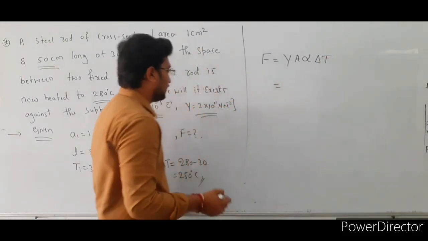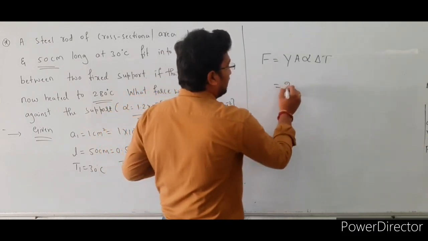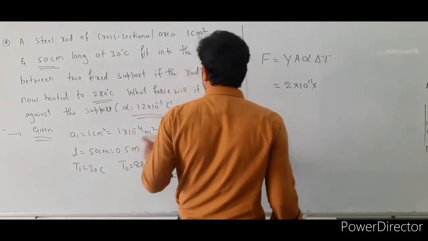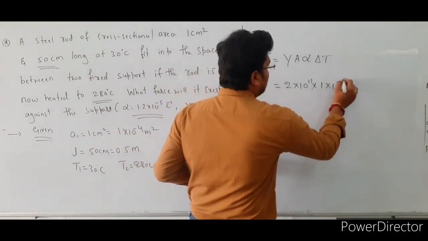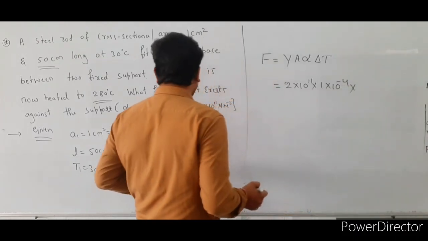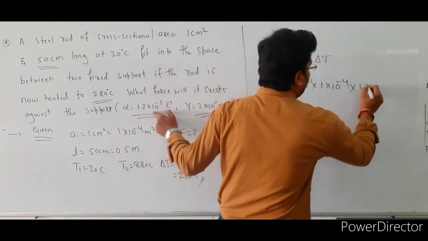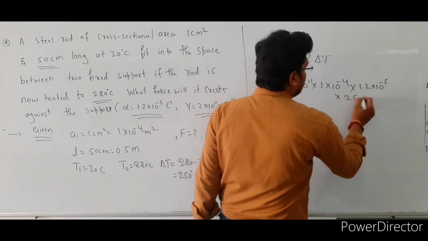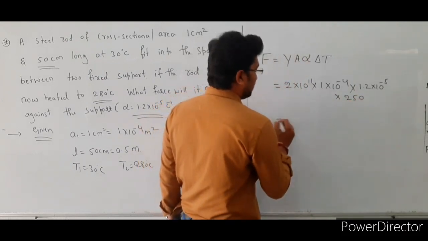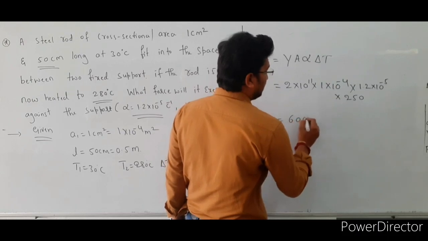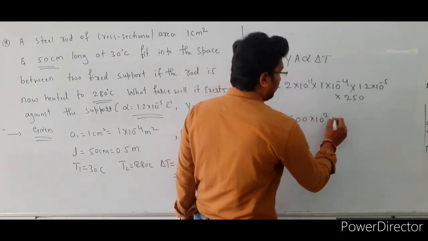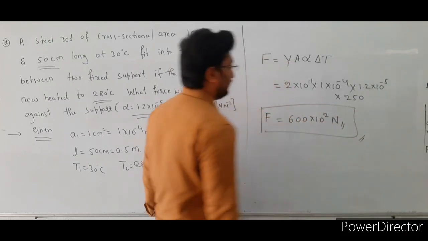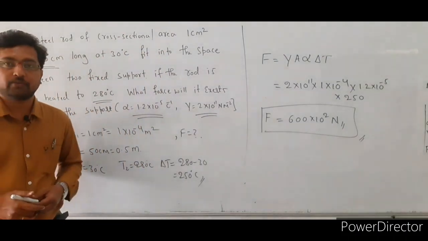The Y value is given, that is 2 into 10 to the power of 11, into area, 1 into 10 to the power of minus 4, and the alpha value is 1.2 into 10 to the power of minus 5, into change in temperature, that is 250. Multiply this, and after simplification we get the final result of 600 into 10 to the power of 2 Newton. This is the force exerted by the rod on the support, that is F is equal to 600 into 10 to the power of 2 Newton.